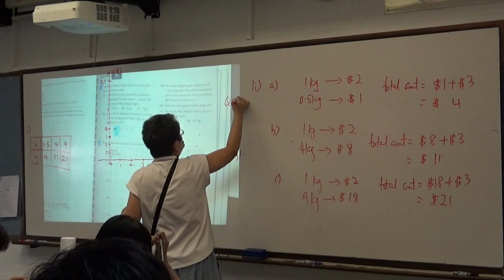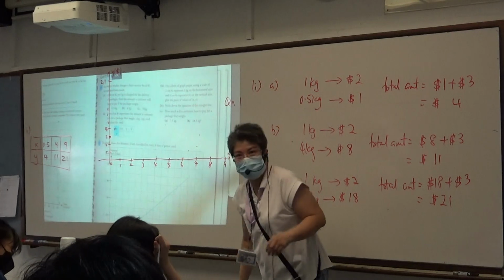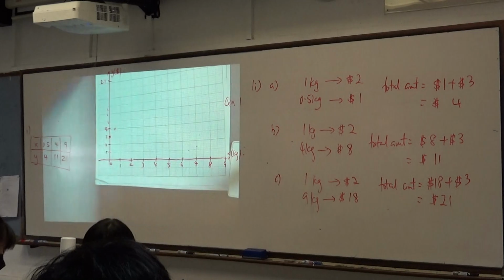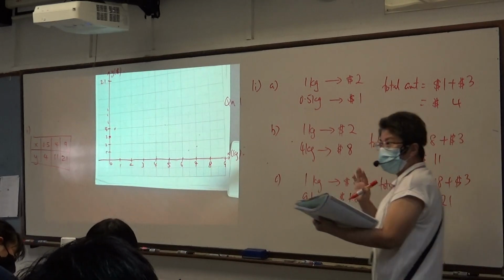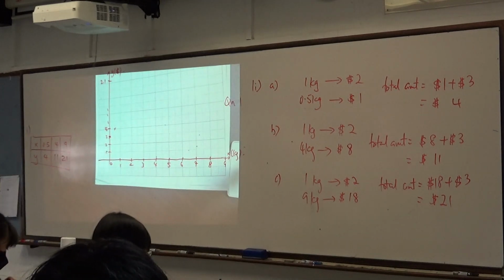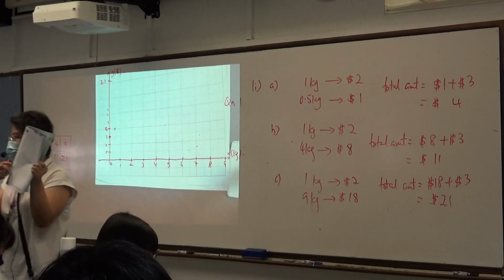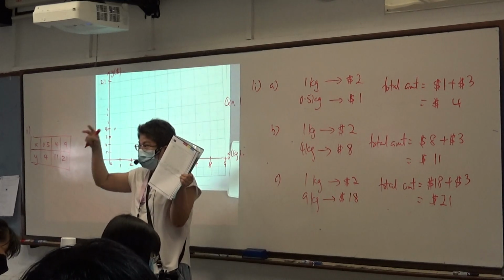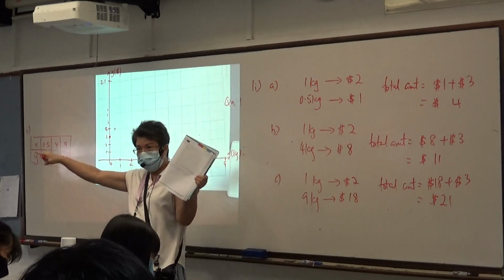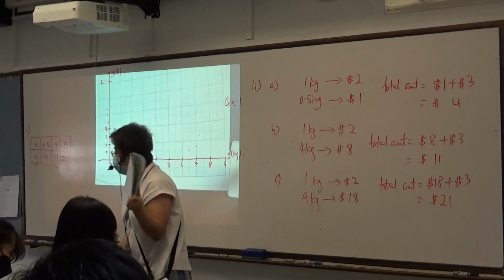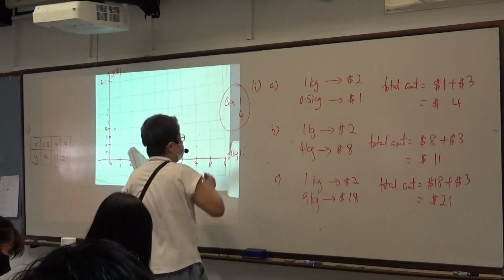Okay, now, at the back of the graph paper, can you look at question number 4? Can you see question number 4, no need to draw graph one? It's from the graph you get the answer. You also answer those at the back of the graph paper, so that I will not waste graph paper. You understand what I'm talking about? That means after you complete question 1, you draw a line, then do question 4 at the back of the graph paper. Are you all clear? Okay. Question 1 and 4.